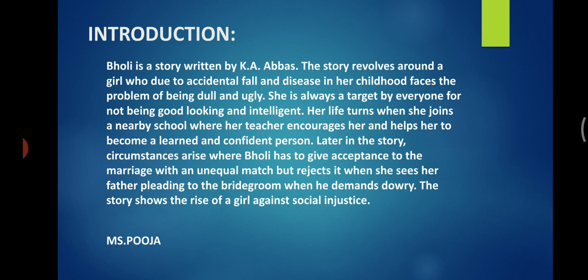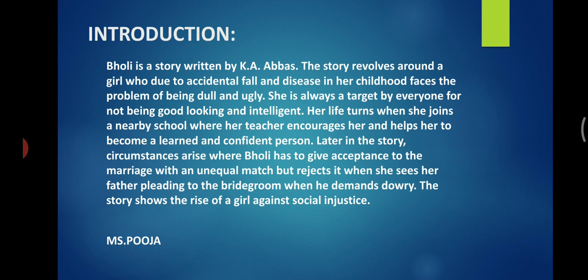Introduction to the chapter. Bholi is a short story written by K.A. Abbas. It revolves around a girl who, due to an accidental fall and disease in her childhood, faces the problem of being dull and ugly. She is always a target for everyone for not being good looking and intelligent. Her life turns when she joins a nearby school where her teacher encourages her and helps her to become a learned and confident person.